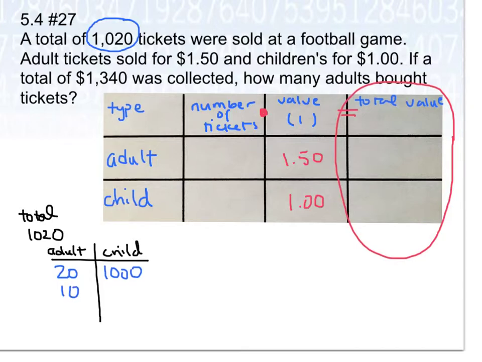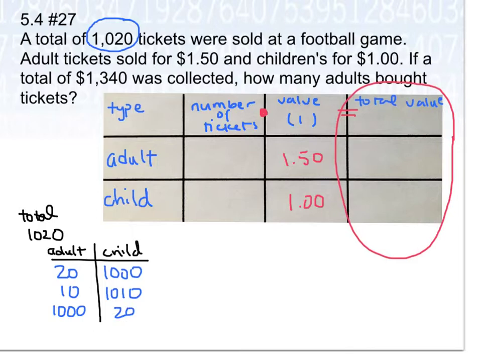Then that would imply that there'd be 1,010 children tickets. I'm trying to figure out how I am getting the number of children tickets if I know the number of adult tickets. So I'm going to do one more example because I'm not quite sure. If there were 1,000 adult tickets sold, that would imply that there are 20 child tickets sold.